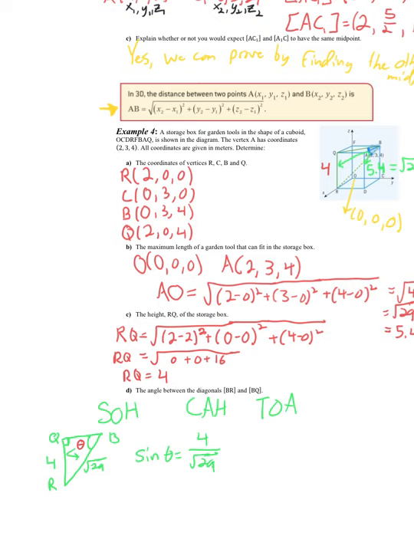And then does anyone remember how we find an angle? What do we use to get sine on the other side of the equation? That's a tricky one. Did we just do like the inverse of sine? Yeah, that's right. The inverse of sine. Sine inverse of 4 over square root of 29.